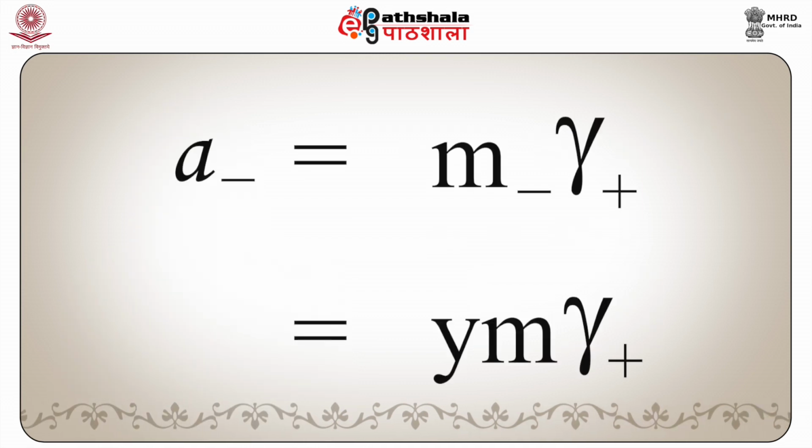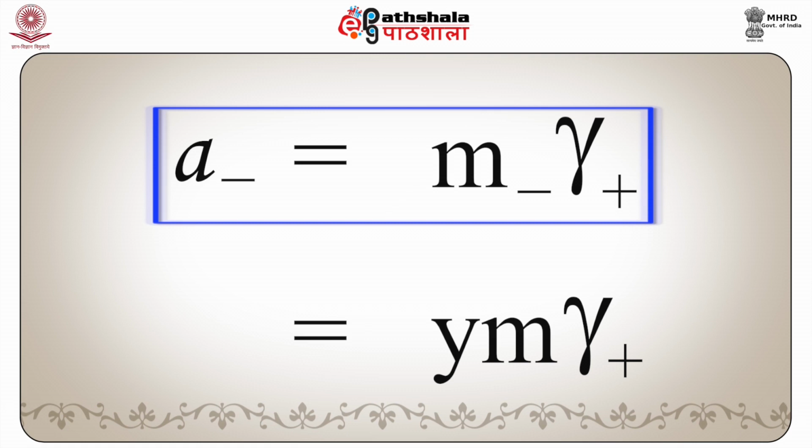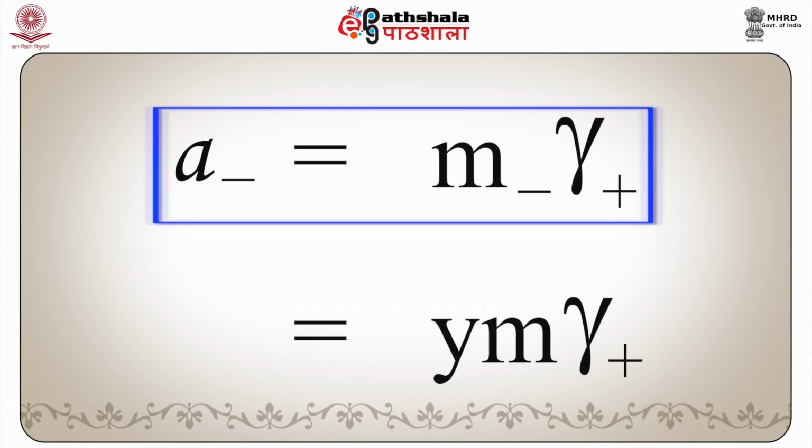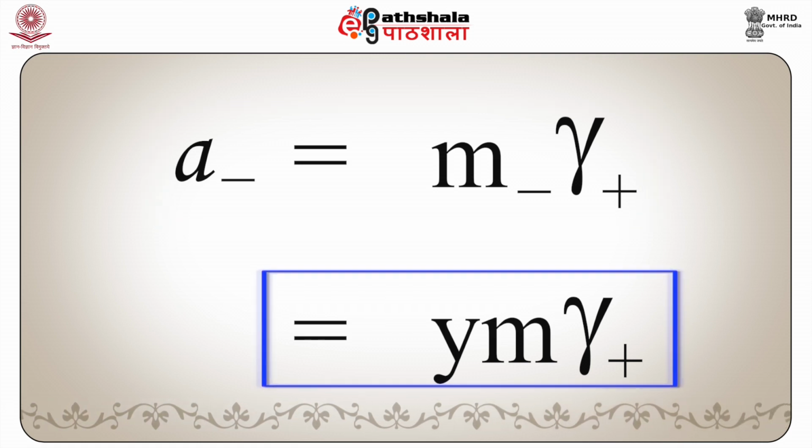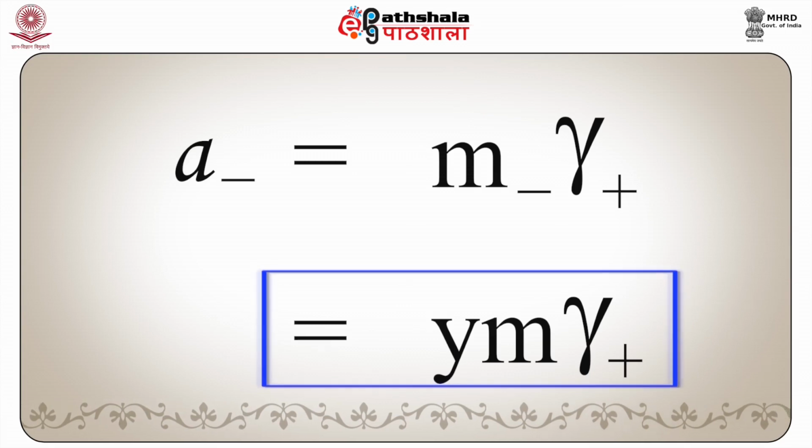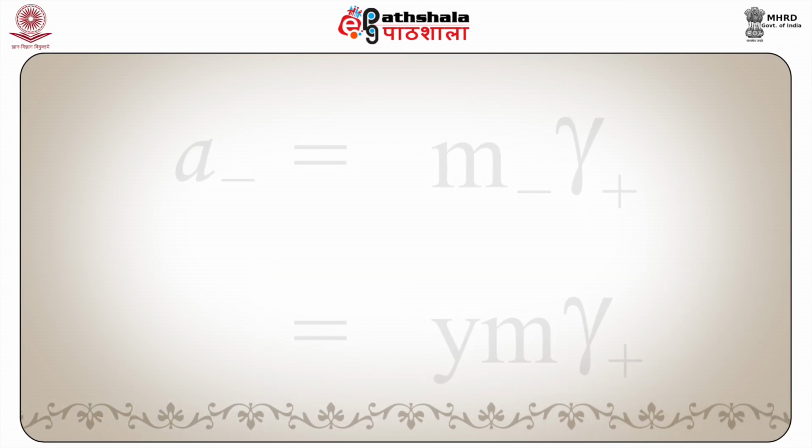Similarly, for the anion, A- can be written as equal to M- into gamma-, which can be further written as y times M into gamma-.